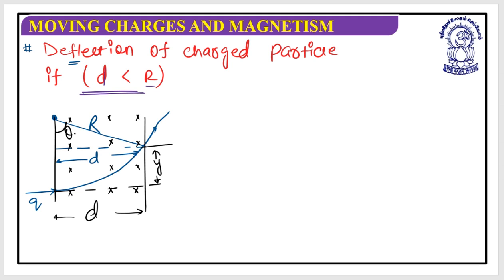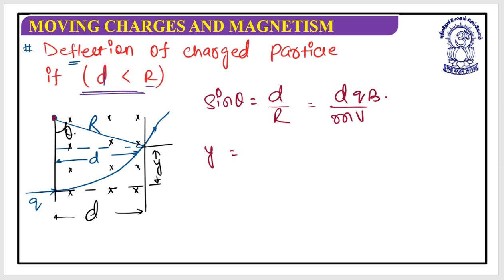If I observe this triangle, sin theta equals d divided by r. That means it's d divided by mv by qB. This is the angular deflection.